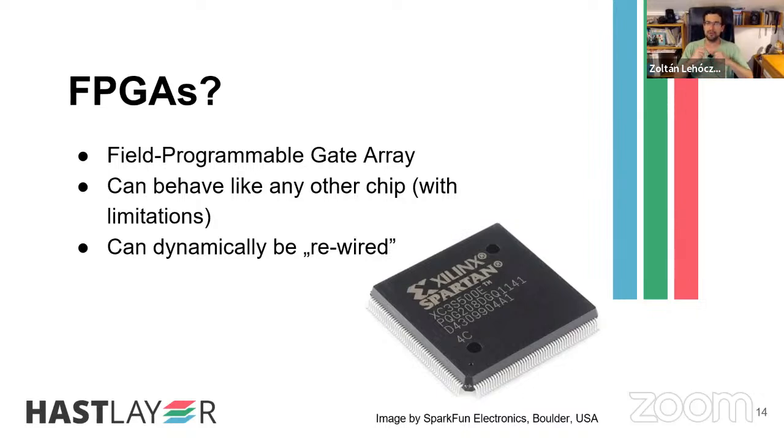They can be reconfigured to behave like any other computer chip. So, for example, if you want to have a chip that detects cats in images, you can configure an FPGA to do that. If you want a hardware accelerator for your video game, you can also configure an FPGA to do that, within limitations, of course, because these also have a certain given capacity.